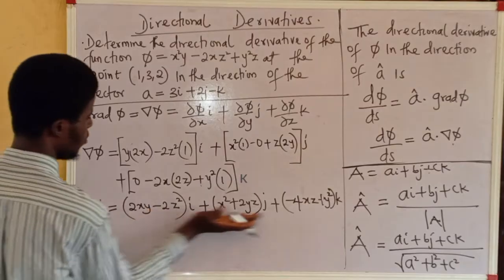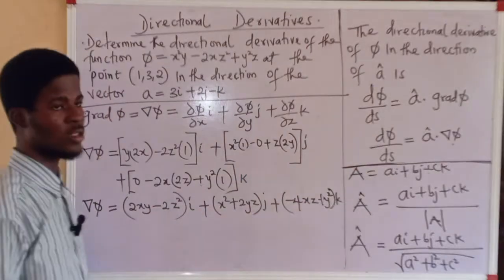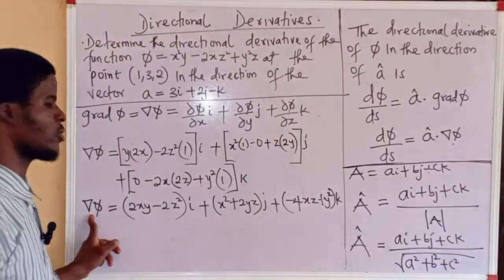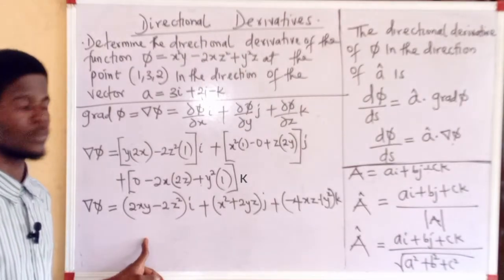So this is the vector function. Remember we said that the grad operator will act on a scalar field to produce a vector.